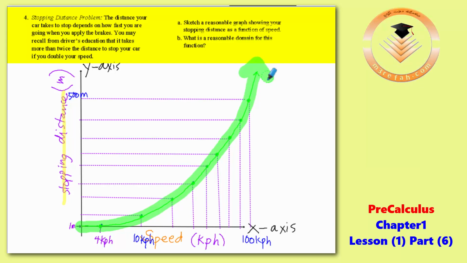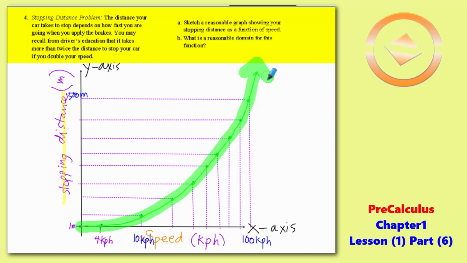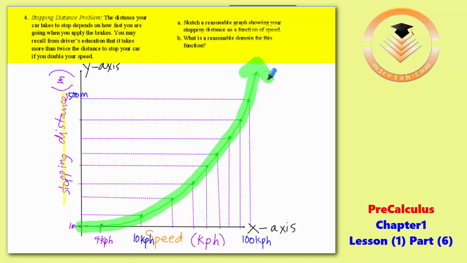Okay. So notice that we are getting a graph here which is exponential in nature, or which rises increasingly as speed goes greater, then our stopping distance also goes greater.